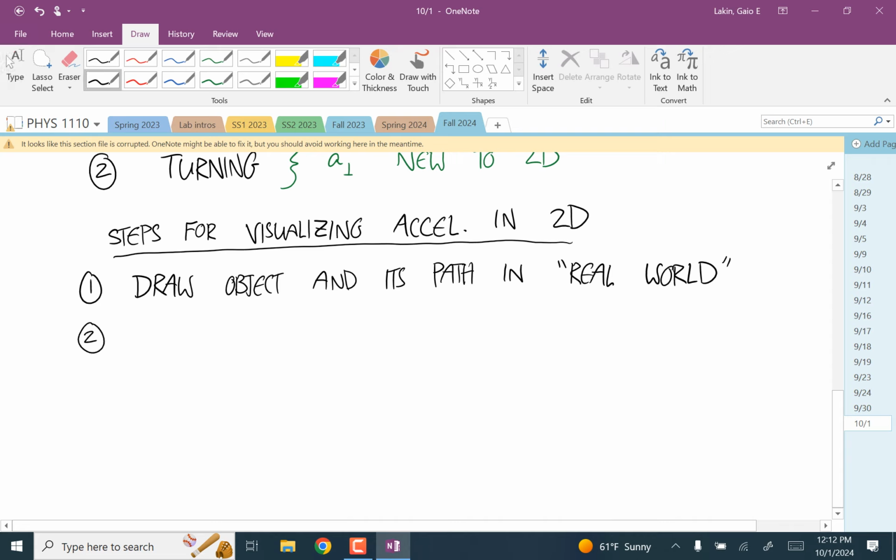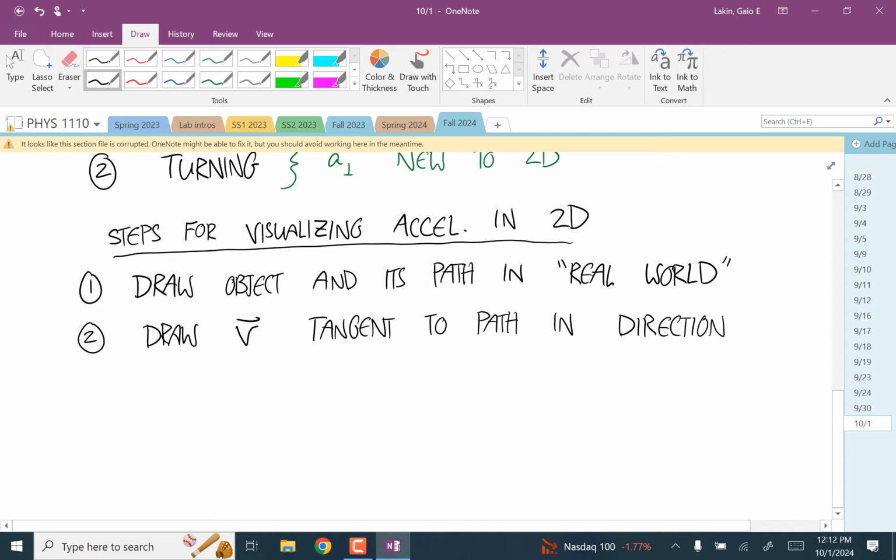Second, draw the velocity vector, and that has to be tangent to the path in the direction of motion. Now, third, the question is it speeding up or slowing down?